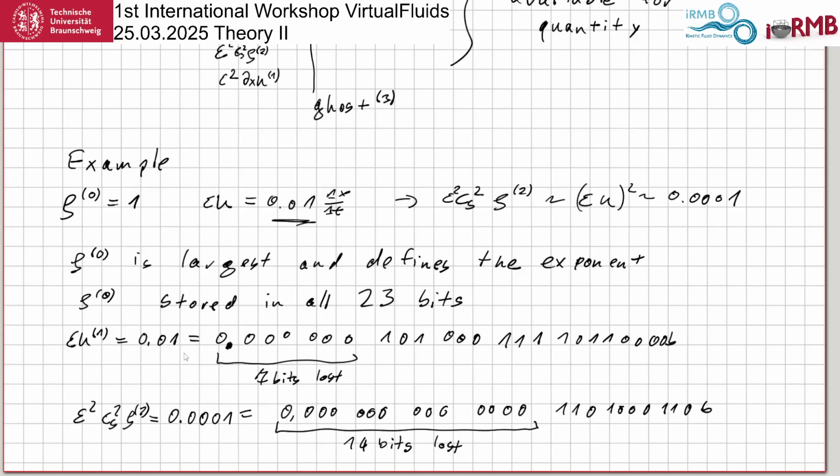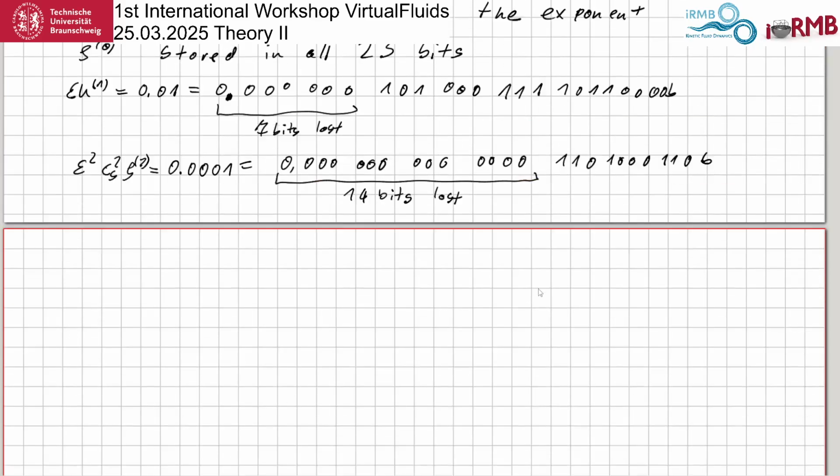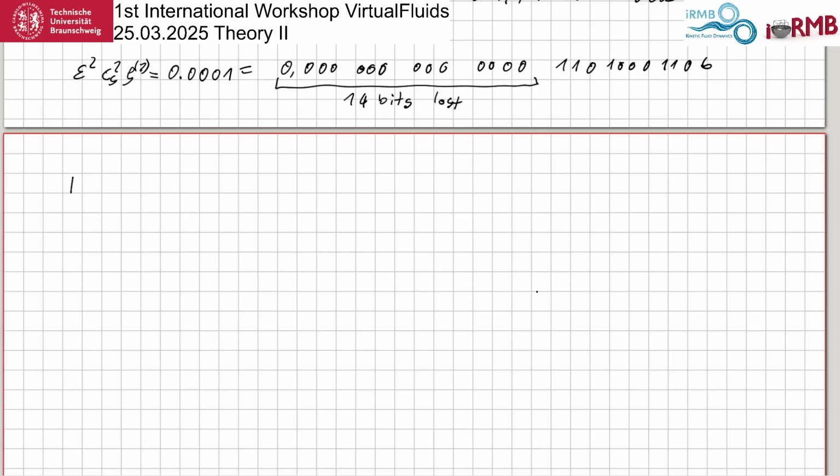Maybe not really. In this example, it's just an example, 7 bits are lost at each order.